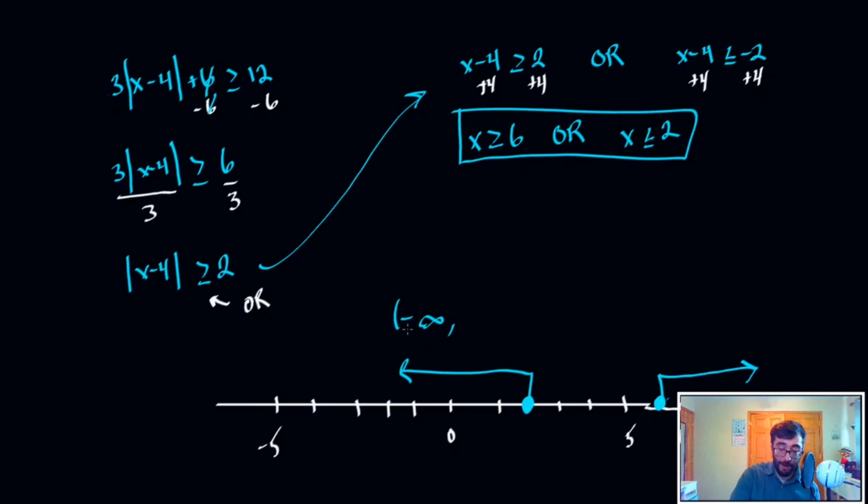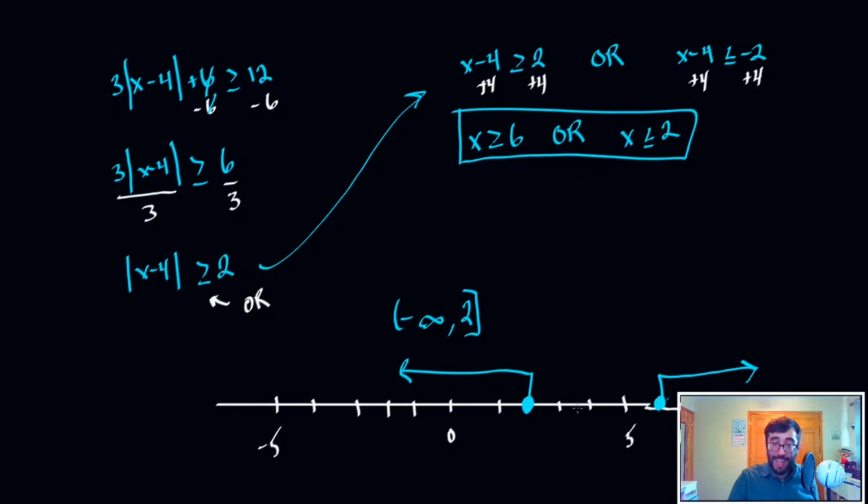And you can never actually touch an infinity, so you never put brackets on infinity, okay? Always going to be parentheses. They start at negative infinity, they go all the way up to 2. So it stops at 2. And notice it's or equal to, it's solid, so I'm going to use a bracket. Brackets are used when it is or equal.